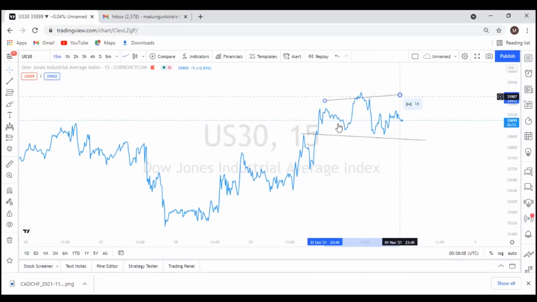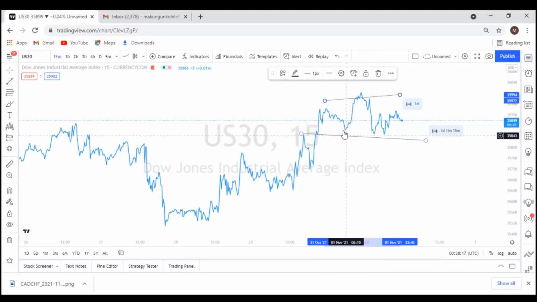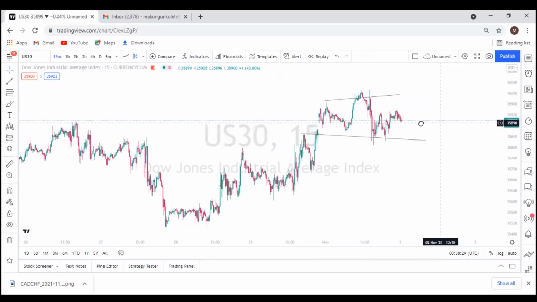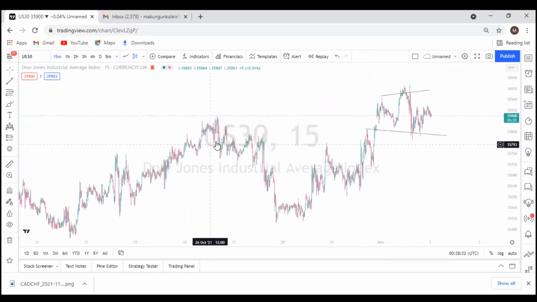Right now we can see that the price just had momentum to the upside, which means our first touch is this one. This is our first touch or our flag, our second touch, and we're waiting on the third one so that we can buy if it is buying.